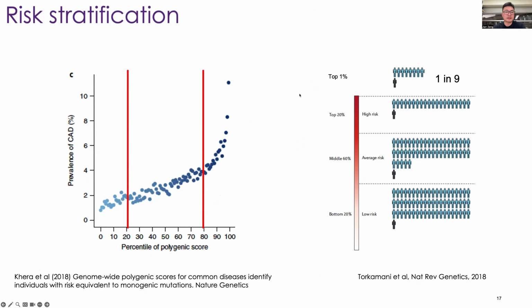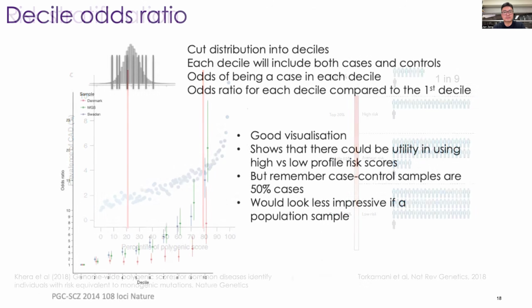And this is equivalent to the risk conferred by monogenic mutations, where once detected, actionable clinical management can take place. So this is particularly relevant to identify high-risk subgroups for disease prevention.